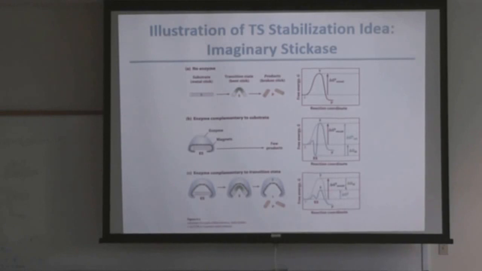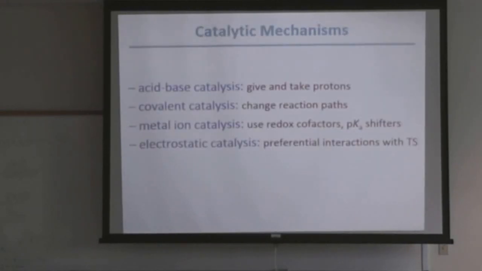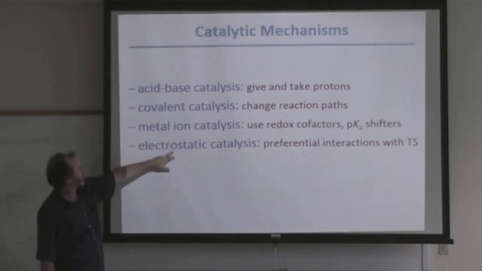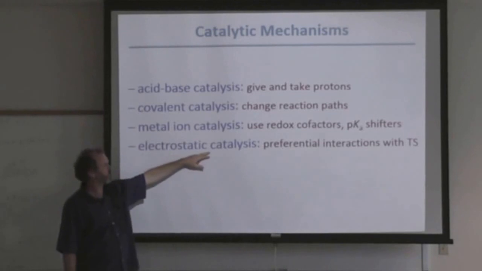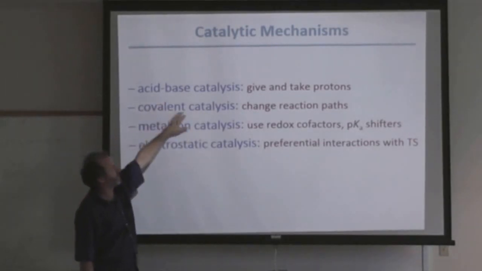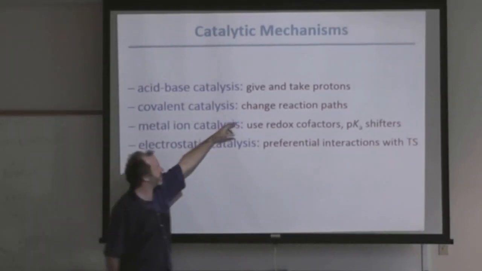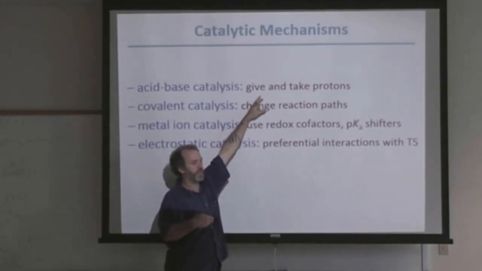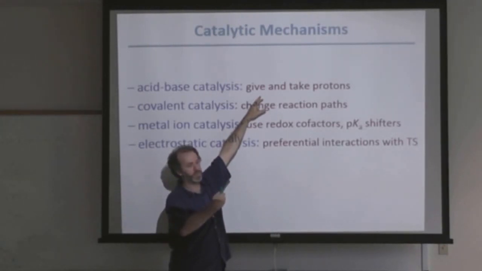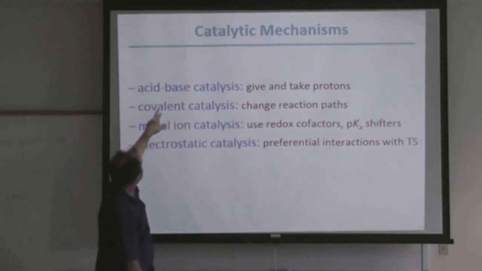But still, I like this model. So catalytic mechanisms include acid-base catalysis, covalent catalysis, metal ion catalysis, and electrostatic catalysis. Acid-base catalysis is going to use the transfer of protons between water, product, or R groups, or amino acids in the protein itself.